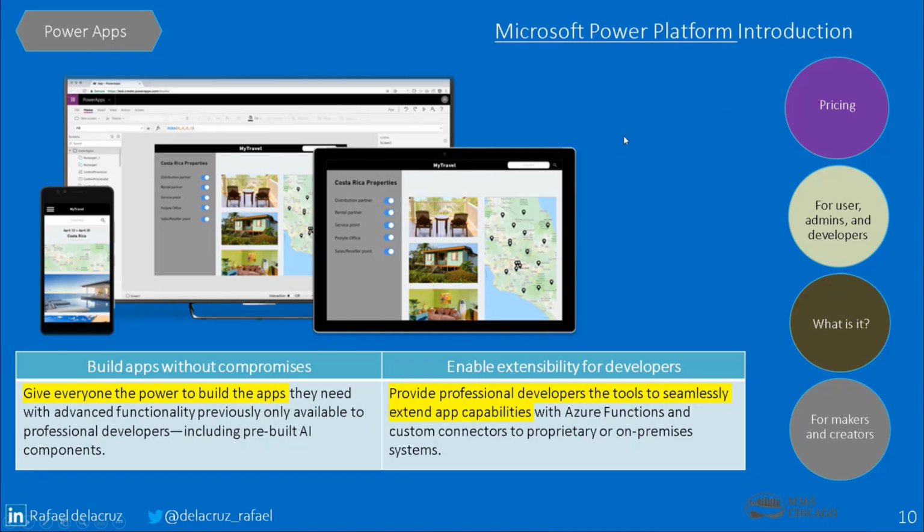Now, Microsoft always advertises that no code is needed for these applications. That is true. You can do a lot without using code, but this is an object-oriented solution, and you need to configure the objects.